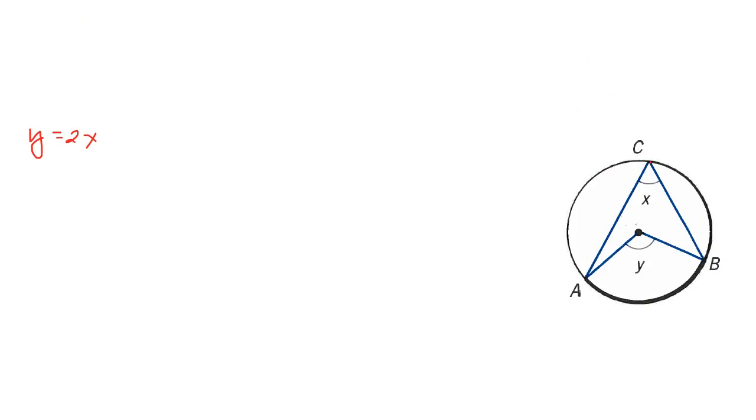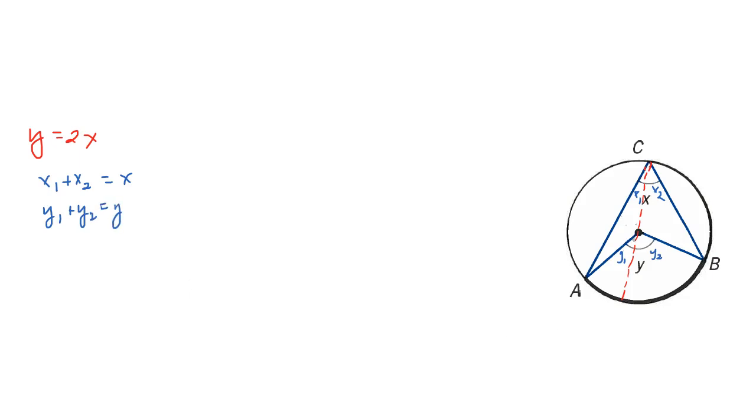But we can still do that. We can draw a line through the diameter. We'll get another color. We call this y sub 1, y sub 2, and this x sub 1 and x sub 2. So we have to declare that x sub 1 plus x sub 2 is equal to x, and y sub 1 plus y sub 2 is equal to y.